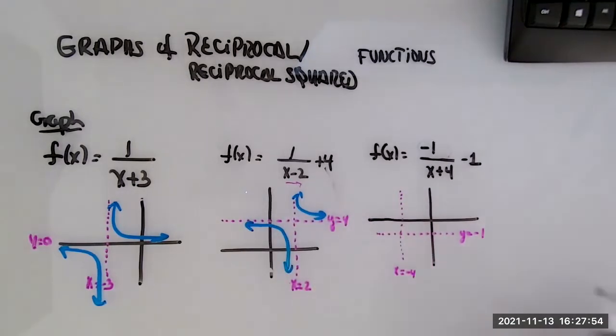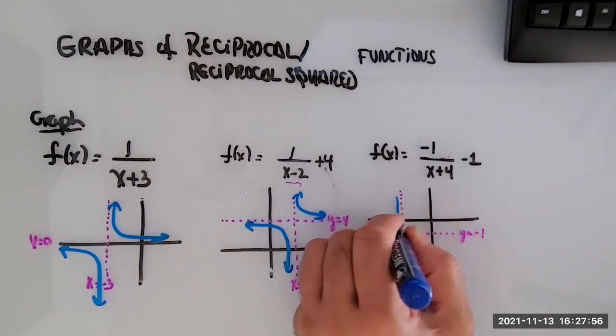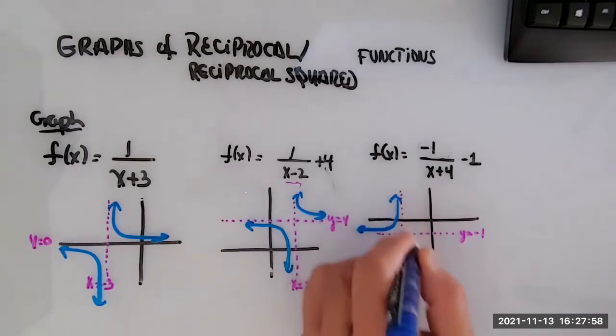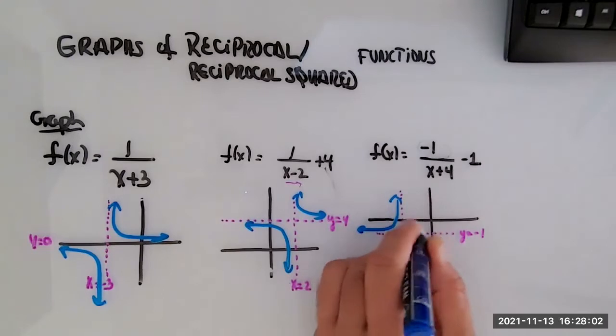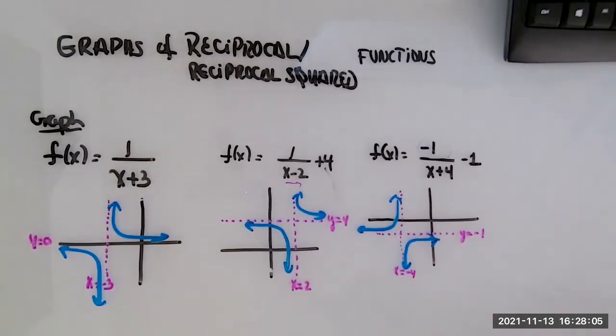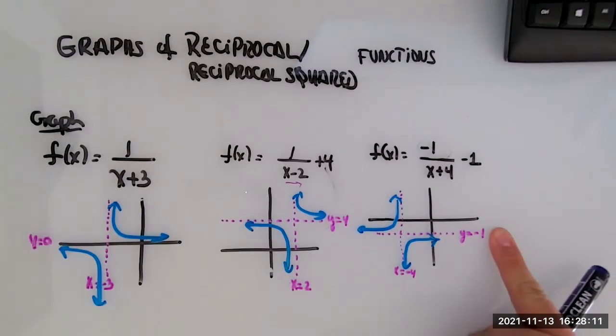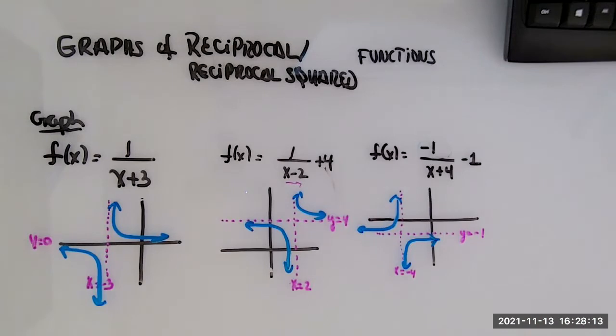So the new function will be in quadrant 2 and quadrant 4, instead of quadrants 1 and 3. Still the domain is all real numbers except negative 4, range all real numbers except negative 1. Okay, so that would be it.